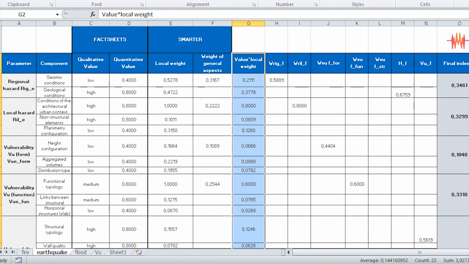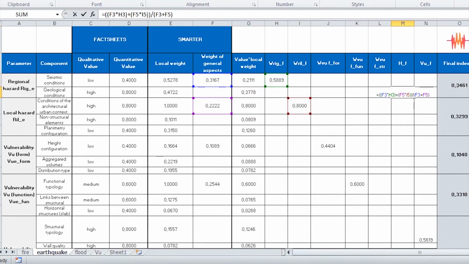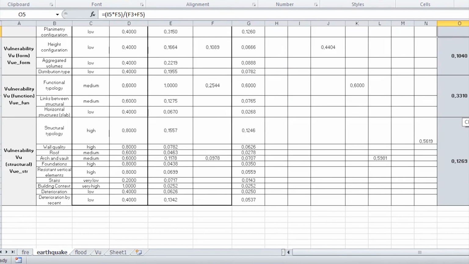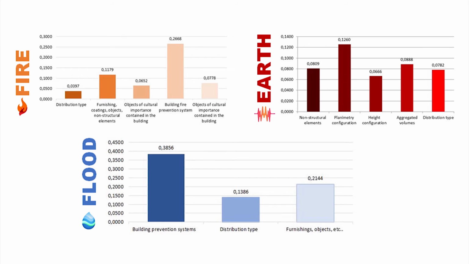In this way, the parameters are aggregated into synthetic indexes of hazard and vulnerability through the weighted average for fire, earthquake, and flood risks. The histogram shows the representative results obtained by the questionnaire compiled during the first user forum.